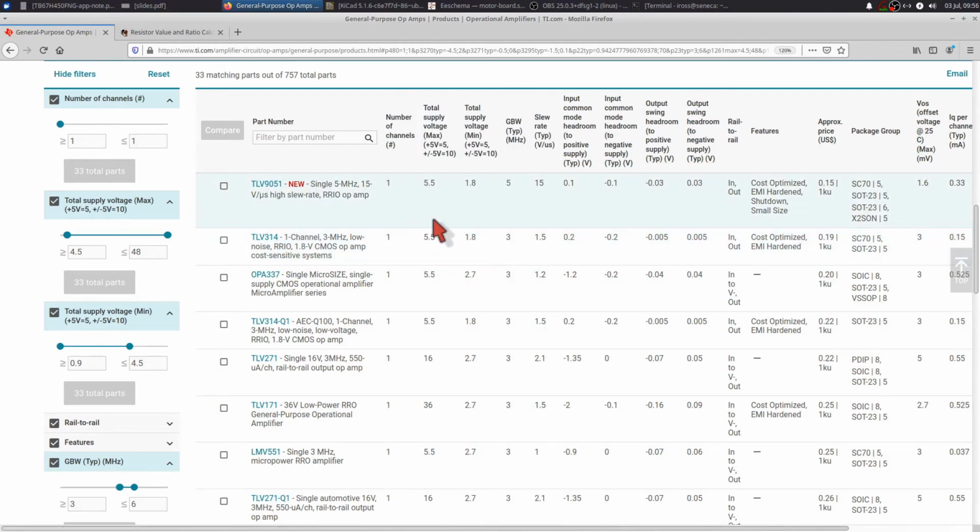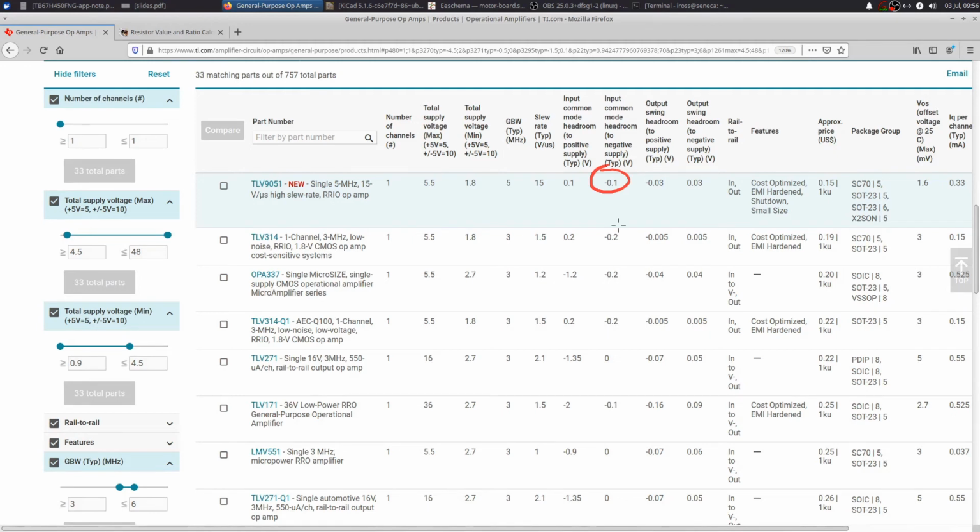There's one consideration for these low side current sensing applications, which is that you do need rail-to-rail operation. When the current is small, then the input to the op-amp is going to be close to 0 volts, so you want something that has, the term that they use is, input common mode headroom to negative supply, and you want that basically to be negative.